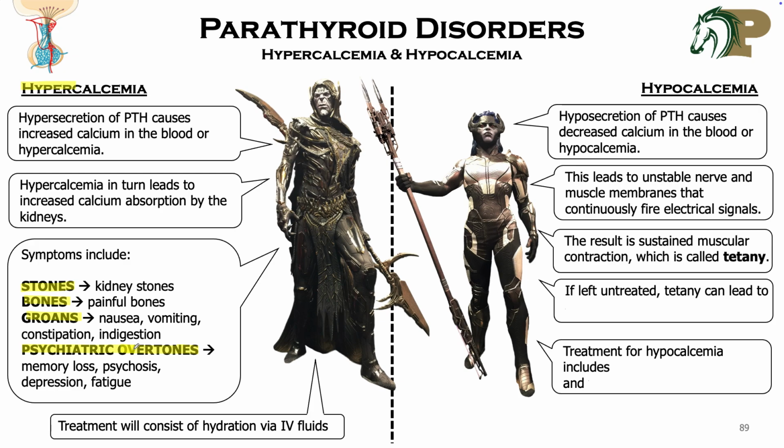Okay? If left untreated, tetany can lead to asphyxiation and death. Treatment for hypocalcemia is PTH replacement, and then calcium and vitamin D, since they don't have that in circulation.